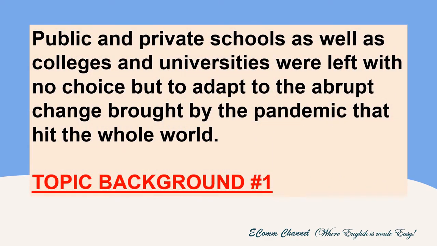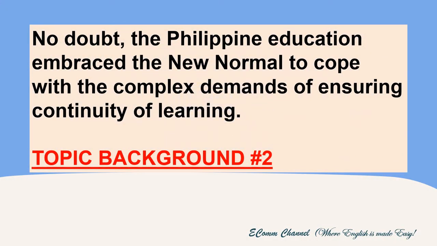The first sentence tells us what the writer is about to discuss in the paper. She provided a background of why there is a change in the way classes are held nowadays. This sentence emphasized the topic background number 1 and gave us information on the reason for the new normal.